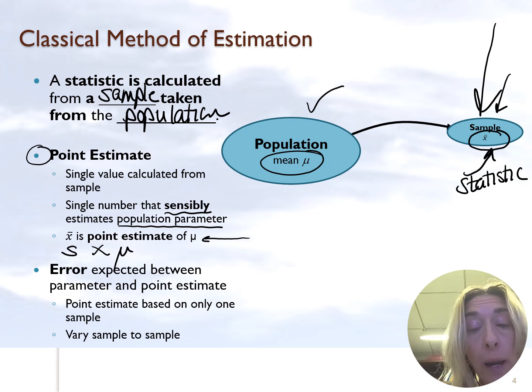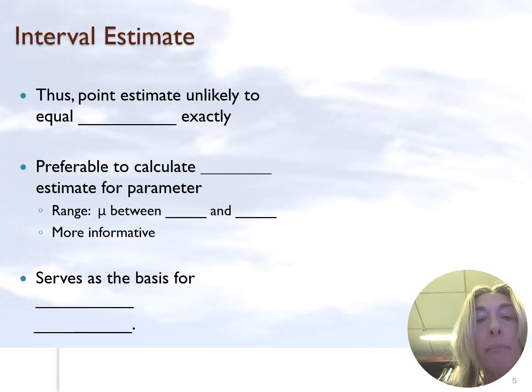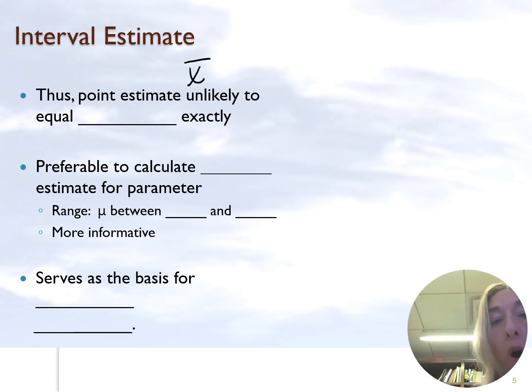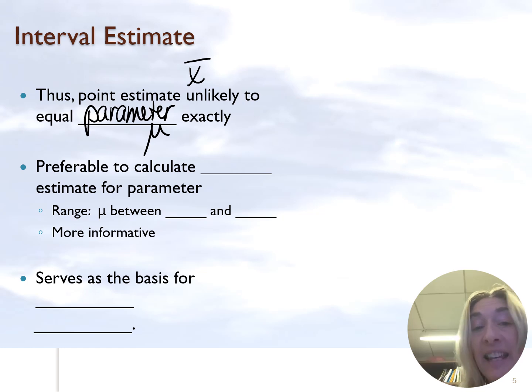So they're random variables. So you're always going to expect some error between the true value and a point estimate based on just one sample out of the population. Thus, a point estimate, such as X bar, is unlikely to equal the parameter value, mu in this case, exactly.